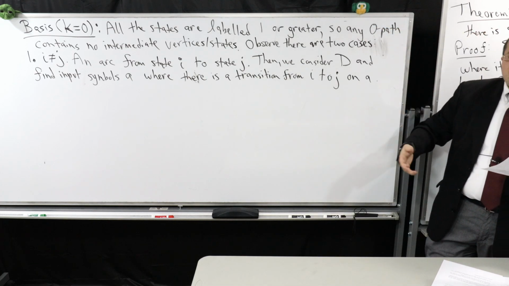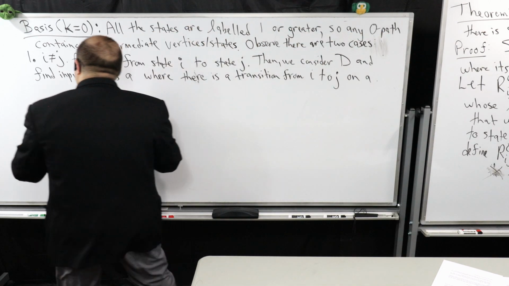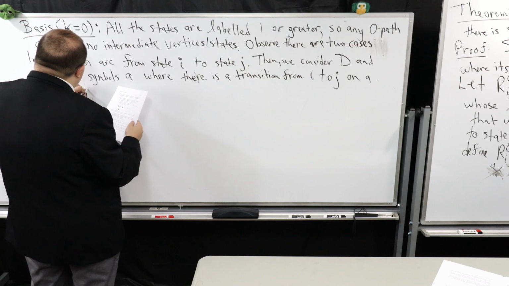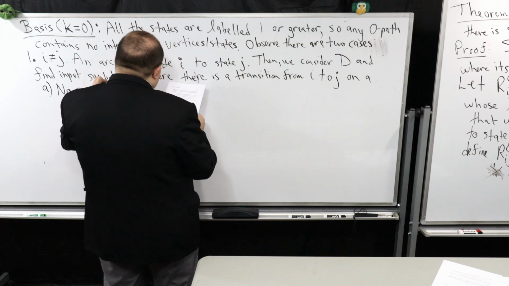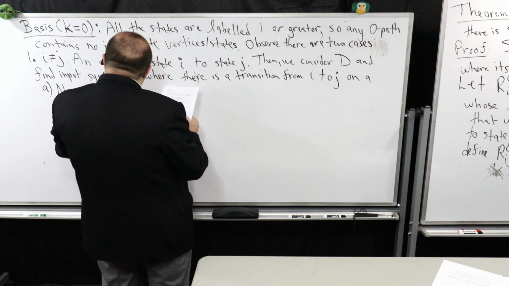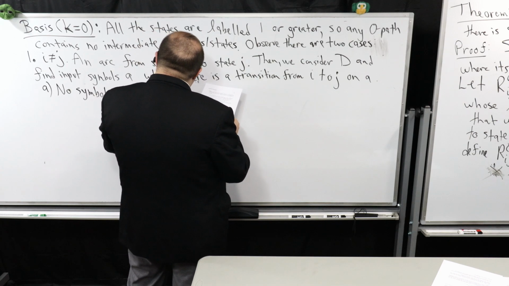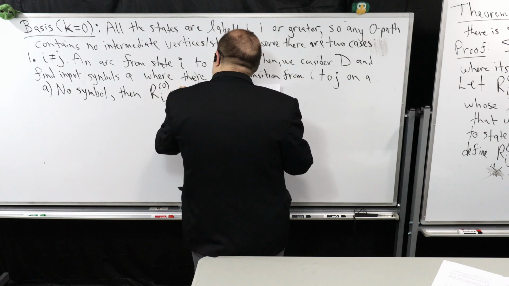Depending on how many symbols I have, that's going to change one of our three possibilities here. When I have no symbol, so there is no such a, then I'm going to write the expression R_ij superscript 0 to be the empty language.